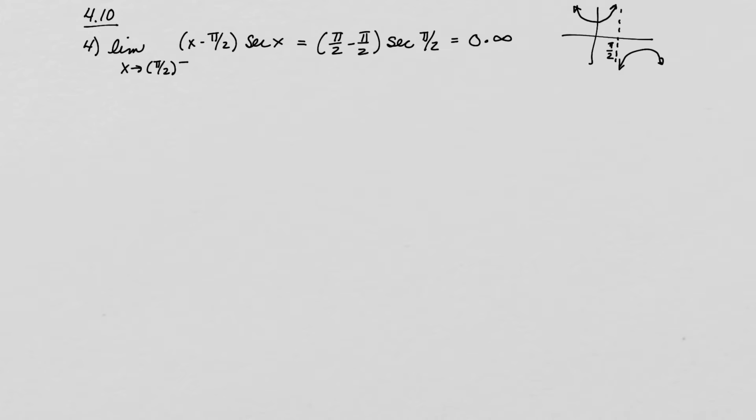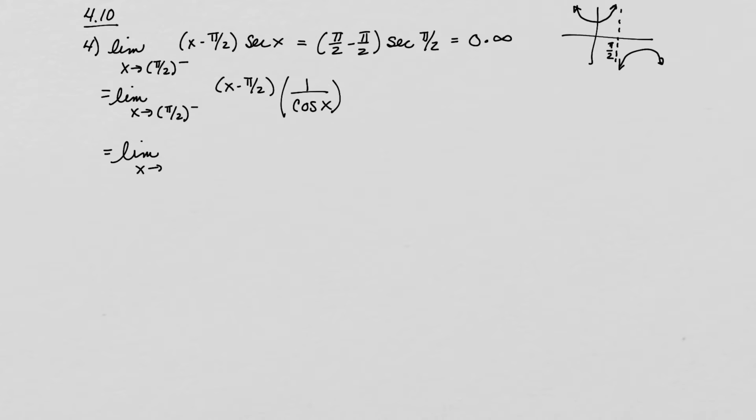When we have 0 times infinity, we have to do a little bit of algebra work. So this is going to be the limit as x approaches pi over 2 from the negative side. This actually isn't too bad. If you remember, the secant of x is just 1 over cosine x, so it lends itself naturally to rewrite it.